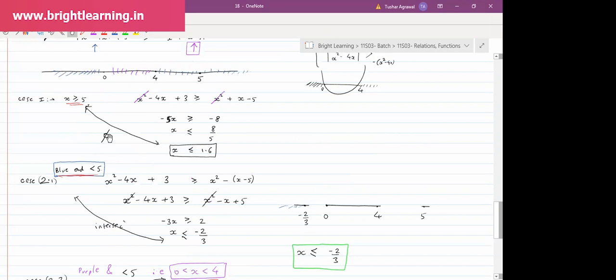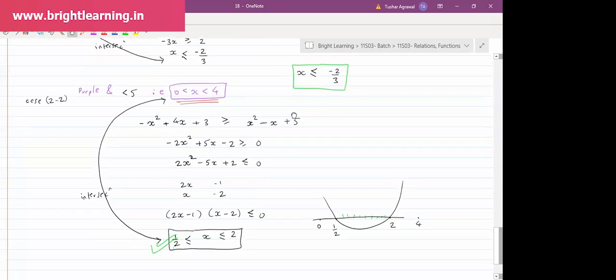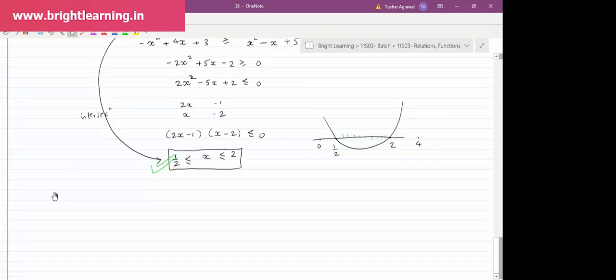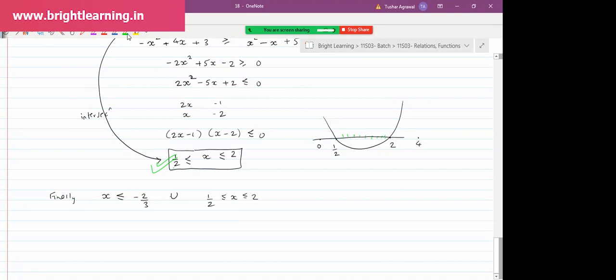Case 1 we got 5. Case 2 we got less than or equal to 2 by 3, and then case 3 this. So finally the answer will be x less than or equal to negative 2 by 3 union half to 2.